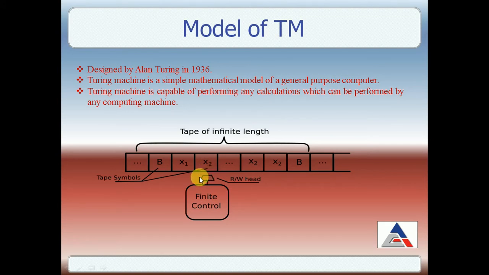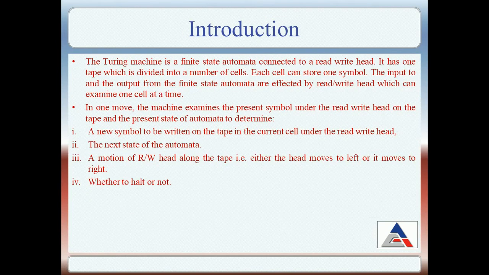Now the machine will either move towards the left side or towards the right side, right? Also, when it moves, a new symbol will be entered under the read slash write head, right? Then a direction is to be there and a new state is to be there. I hope you understand this point. So these are the four things.